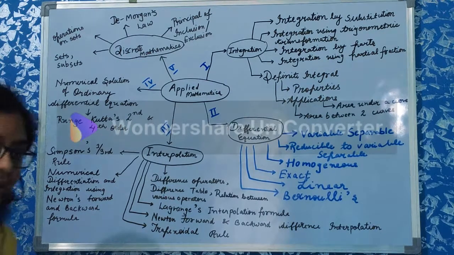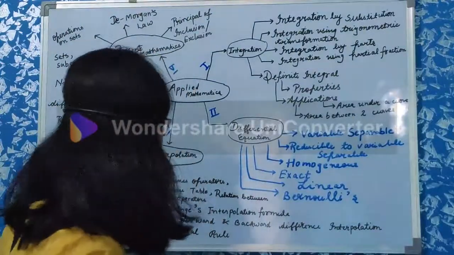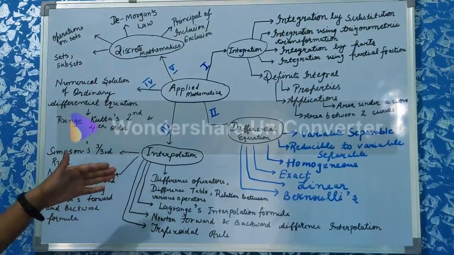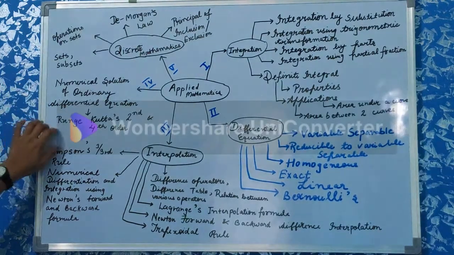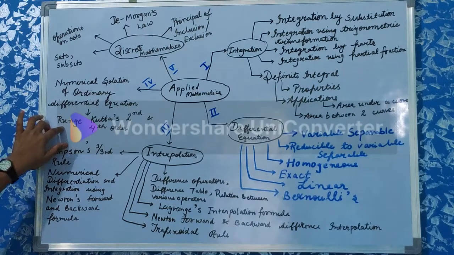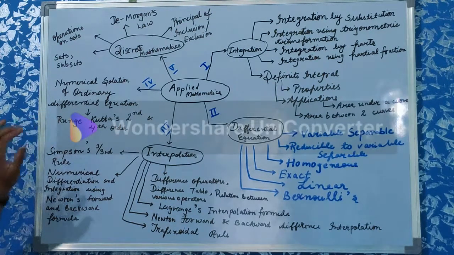So this is the third unit. Coming to the fourth unit, this is basically finding numerical solution of ordinary differential equation. And the only method that we'll be learning here is Runge-Kutta's second and fourth order method.